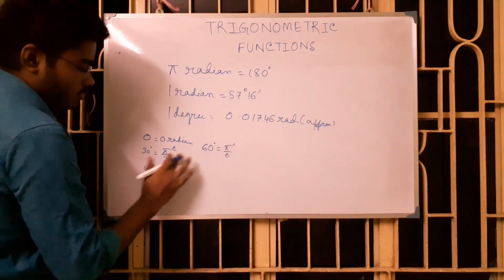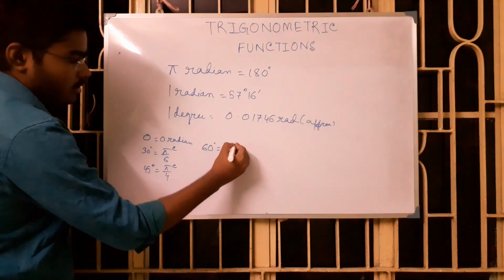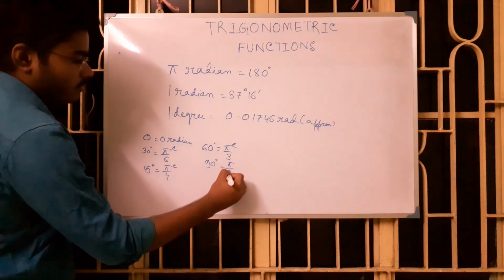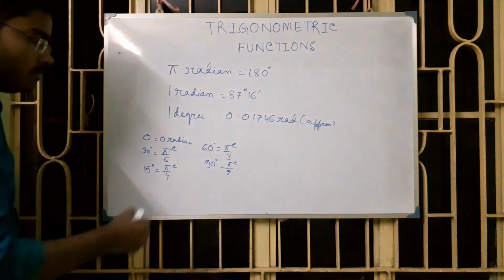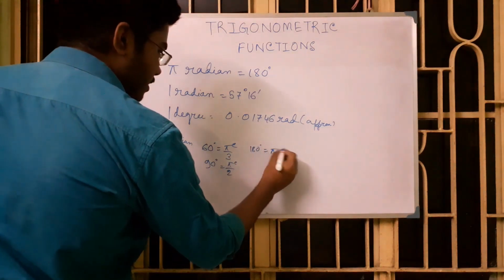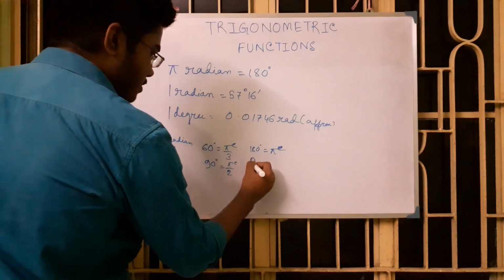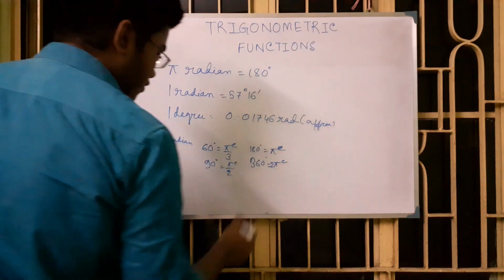This is pi by 6, sorry, this is pi by 3, and if this is 90 degree then this is pi by 2. If it is 180 degree then this is pi. If it is 360 degree then this is 2 pi radian.